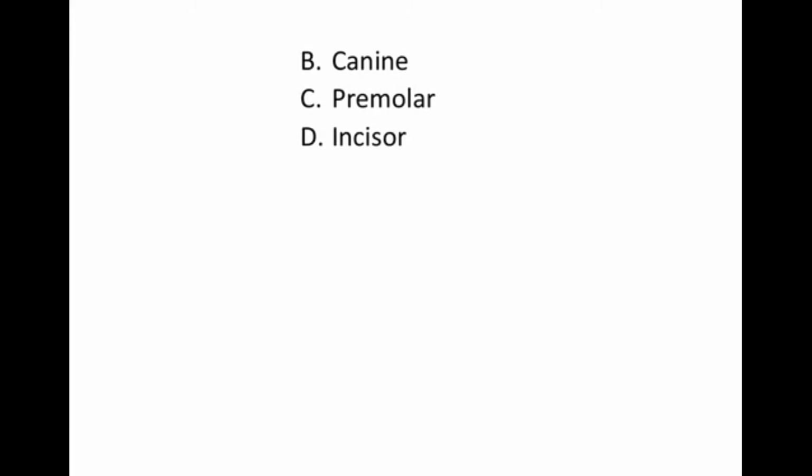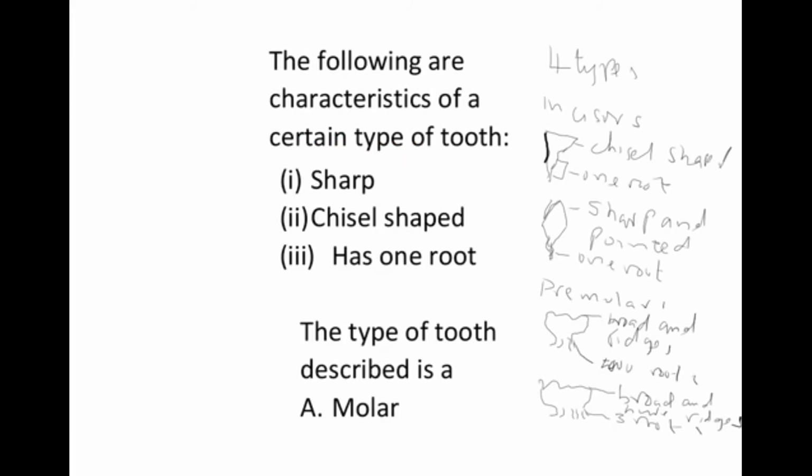Choice D, we talk of incisors. Incisors, in this case, we have said now they are chisel shaped and have one root. They are chisel shaped and have one root.